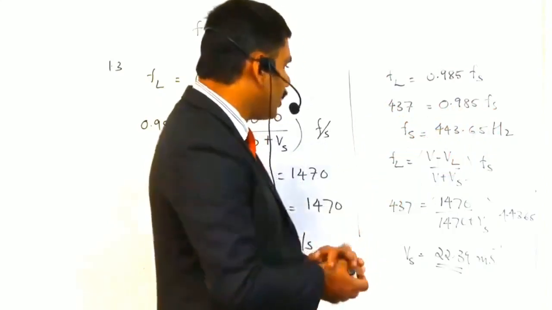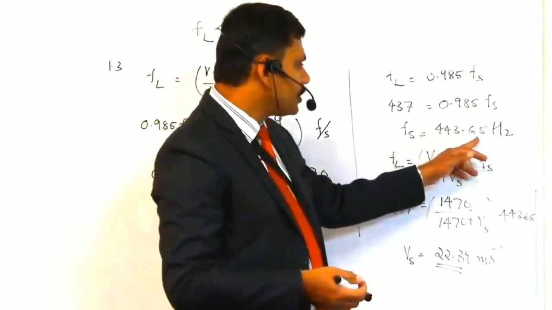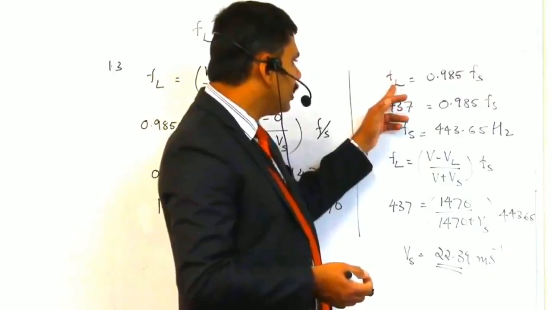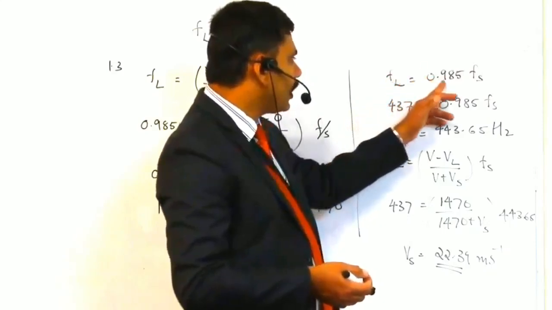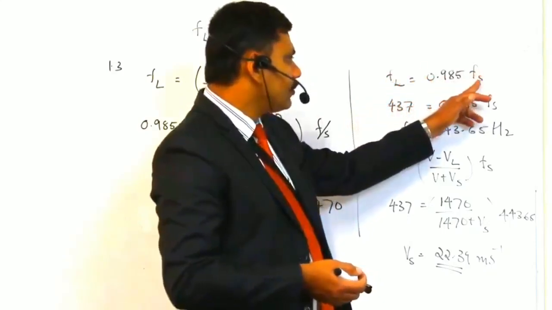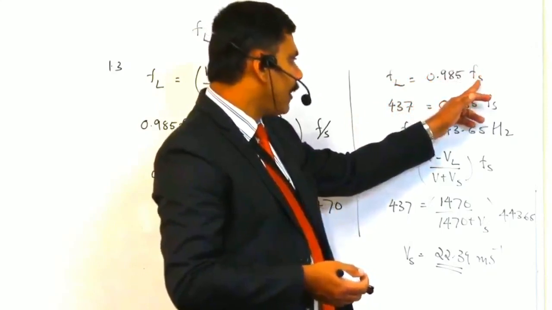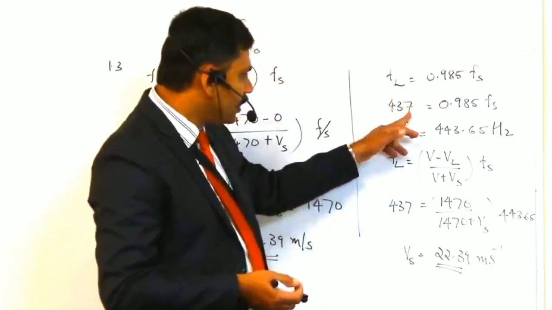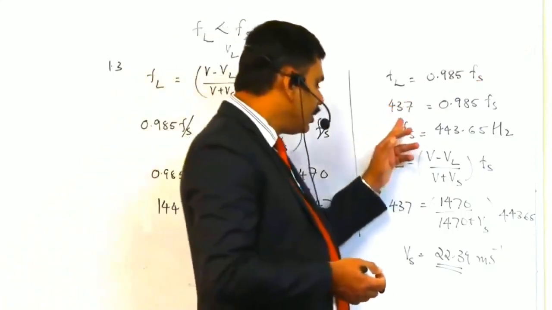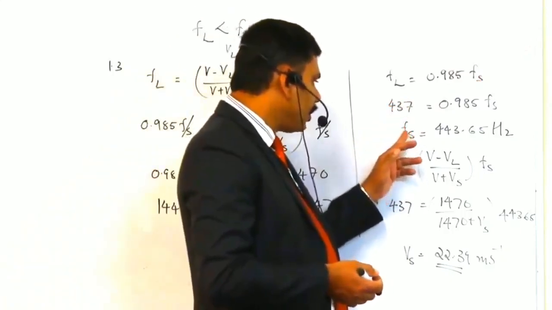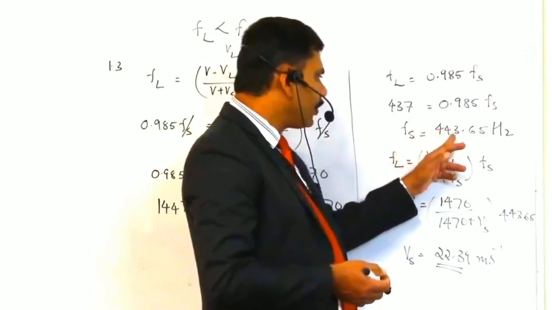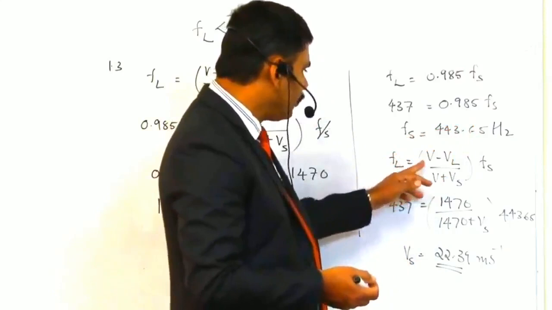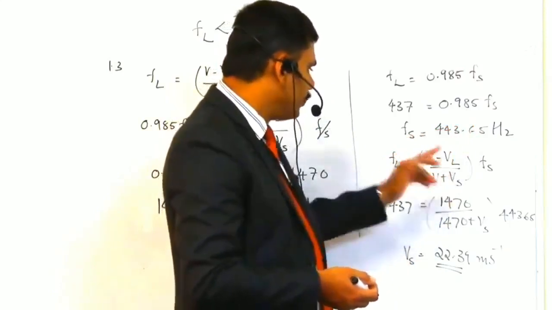So the frequency produced by the ship is 443.65 Hz. Then use the same equation, FL = (V − VL)/(V + Vs) × Fs.